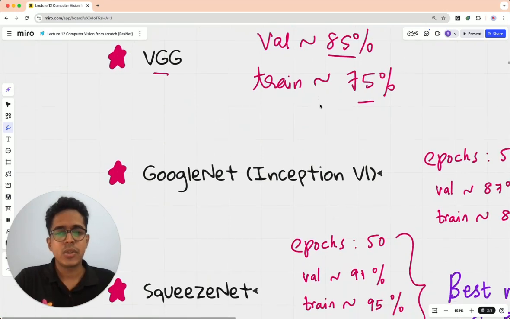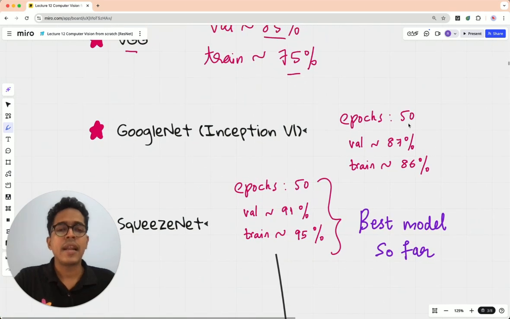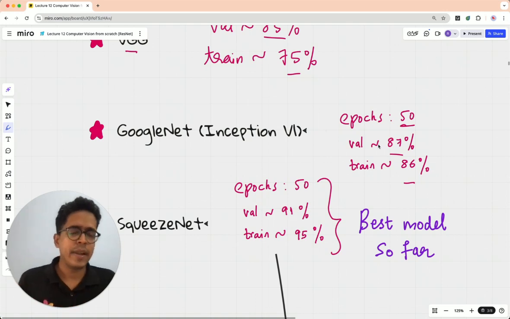Then we switched to GoogleNet, also called Inception V1. And we ran for 50 epochs. We got decent accuracy. We got 87% in validation, 86% in training. I would say no overfitting is happening, but accuracy was not as high as what we got in AlexNet.